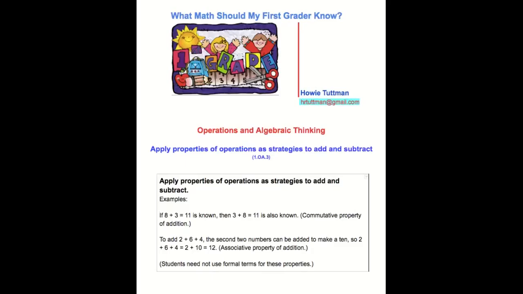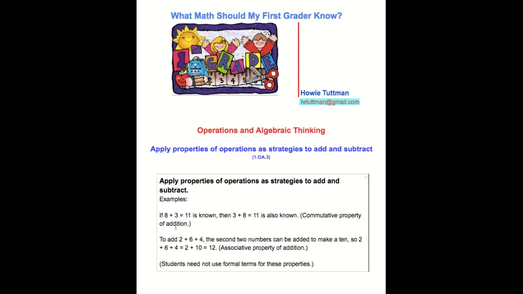If you're interested, here is the complete standard that this video, applying properties of operations as strategies to add and subtract, is based upon. Apply properties of operations as strategies to add and subtract. Examples: if 8 plus 3 is equal to 11 is known, then 3 plus 8 is equal to 11 is also known.